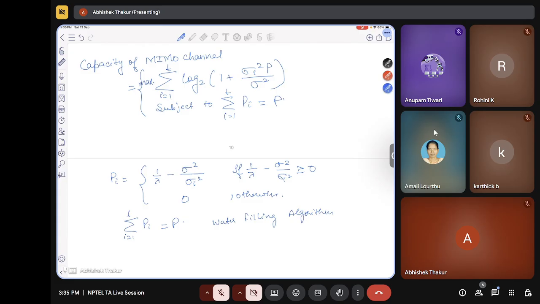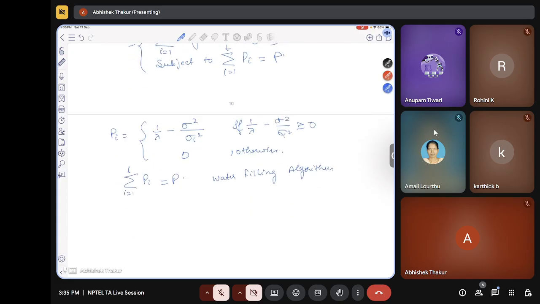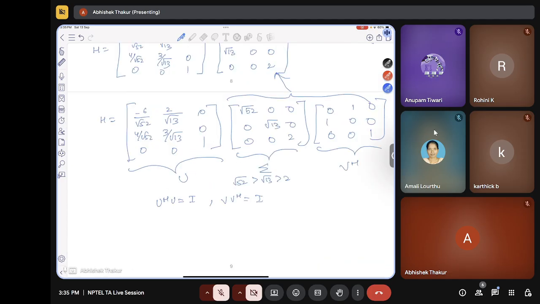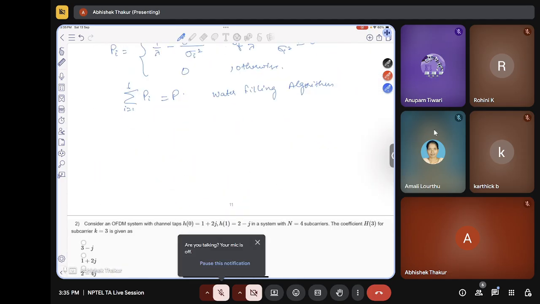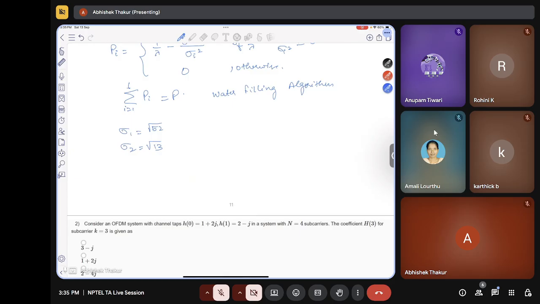So here in this question, these are all the sigma values. First we'll note them down: sigma 1 is equal to square root of 52, sigma 2 is equal to square root of 13, and sigma 3 is equal to 2.